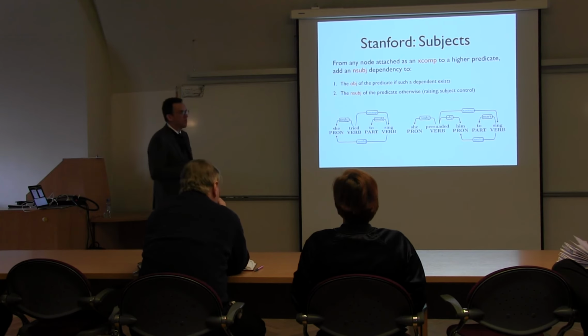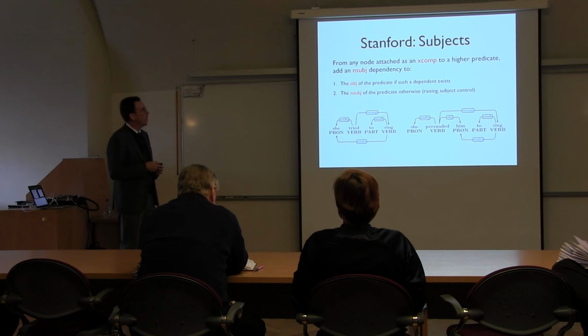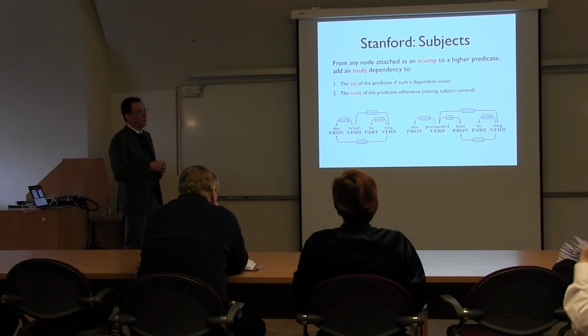But let's start with the added subject in the xcomp. So the heuristic that is used here is to say that from any node that is attached as an xcomp to a higher predicate, such as this infinitive sing, add an nsubj dependency to the object of this higher predicate, if such a dependent exists. So in this example, she persuaded him to sing. The upper predicate has an object, and therefore the algorithm will assign an nsubj here.